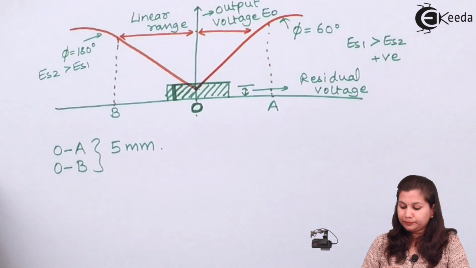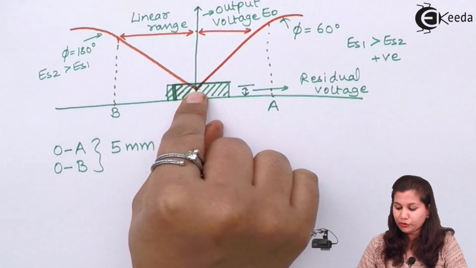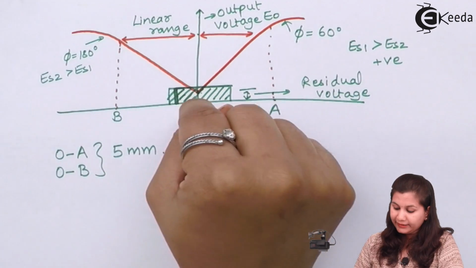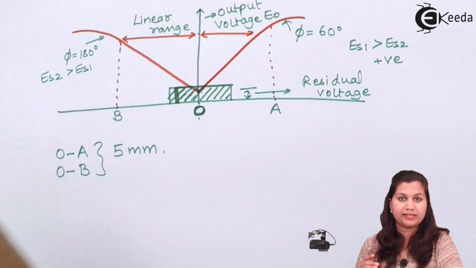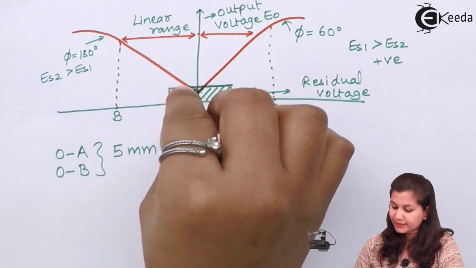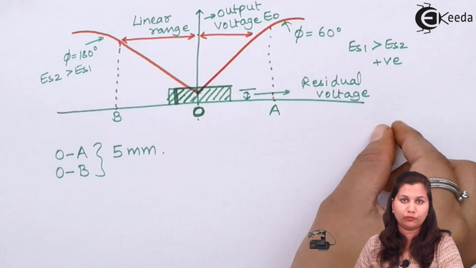Now also at this 0 position, you can see that some voltage is present, which is called the residual voltage. Ideally at the null position, the output voltage should be 0, but there is some small amount of voltage present, which is called the residual voltage.